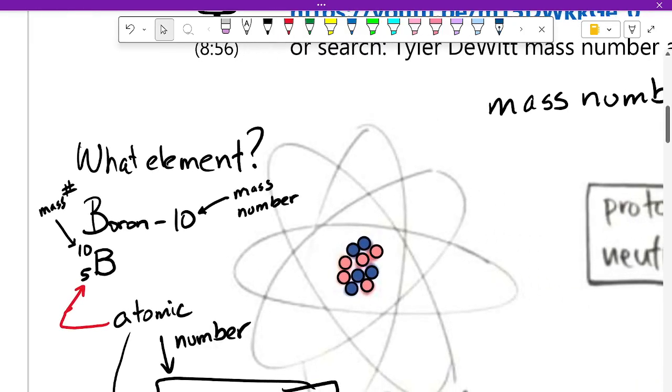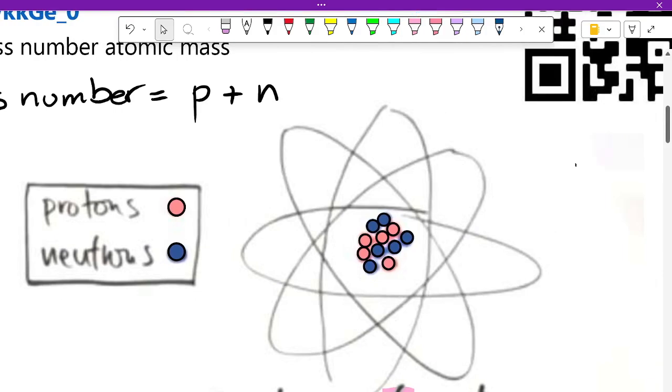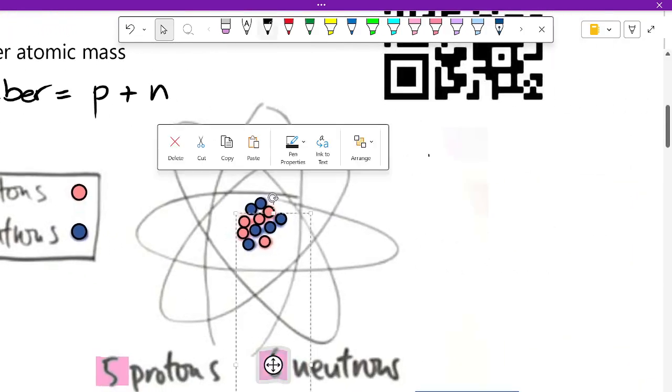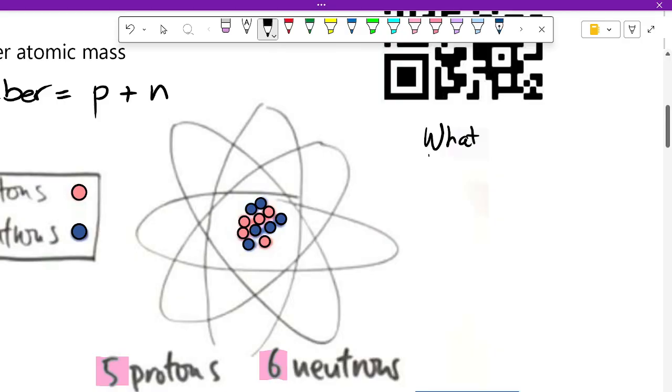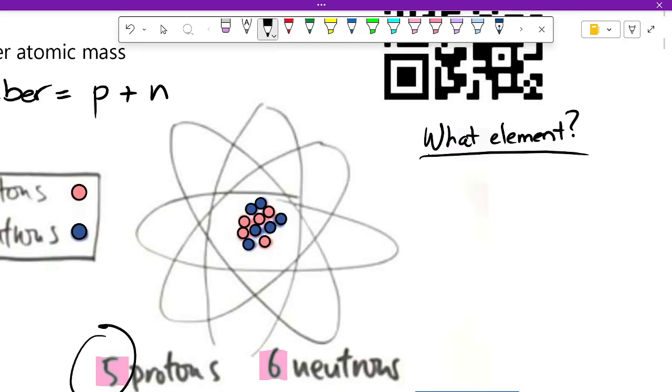Let's go over to our other atom on the other side of the page. What element do we have? Chan, what element do we have here? We have boron because, again, it has 5 protons. So we have boron.